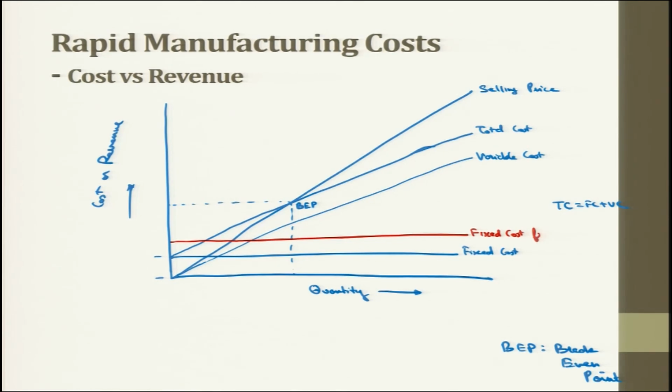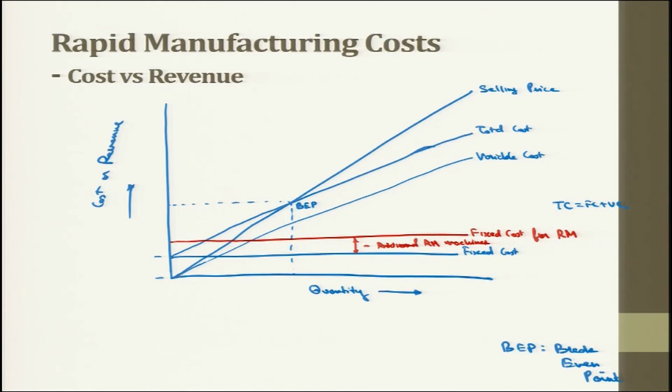So, this is fixed cost for rapid manufacturing, because this difference is additional RM machines. Okay. But in this case, this is the fixed cost, but in this case the variable cost would be lower.